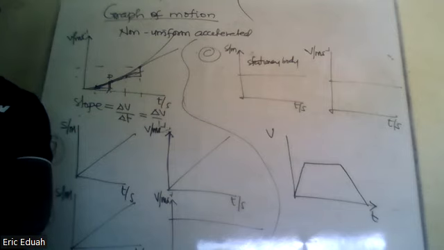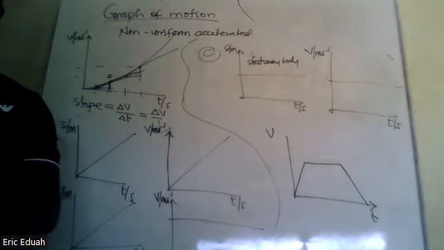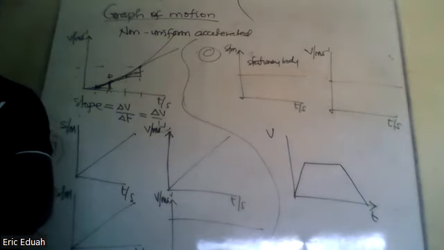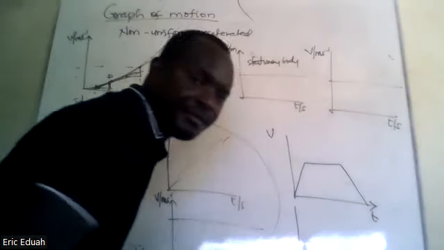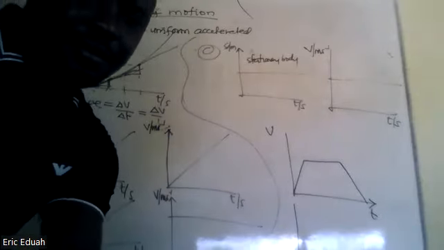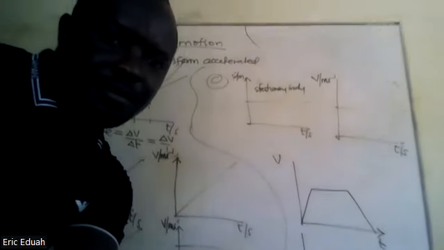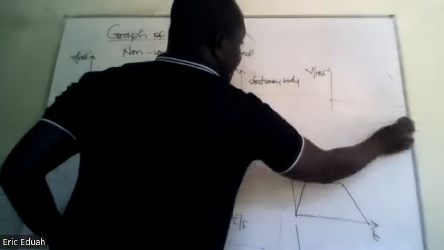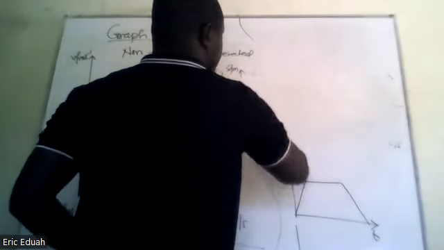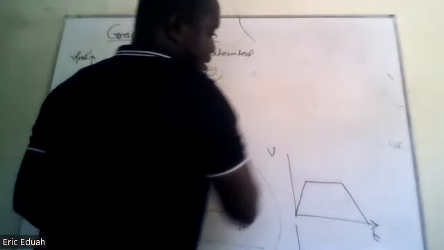The body accelerated uniformly, and then goes to a point. Let me also add this graph for Immaculate.